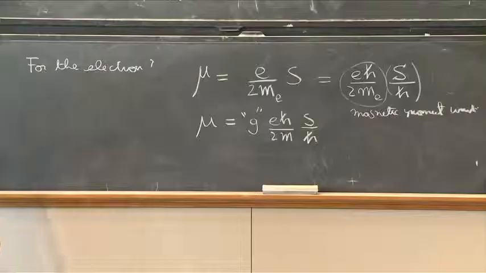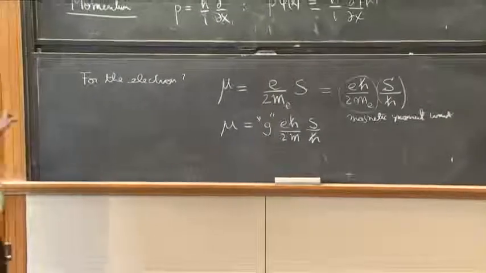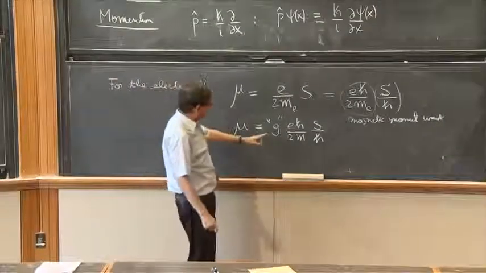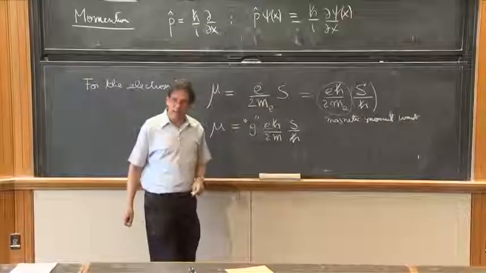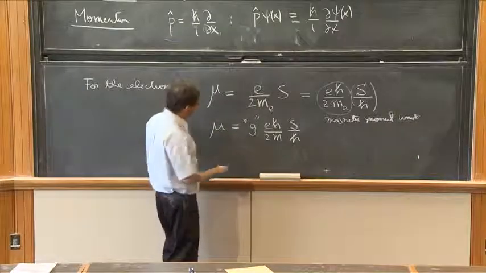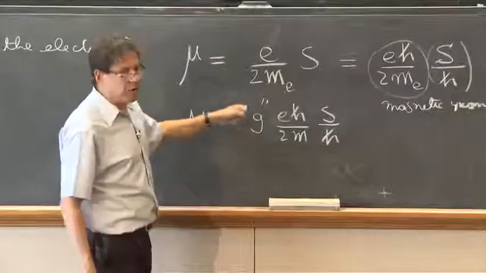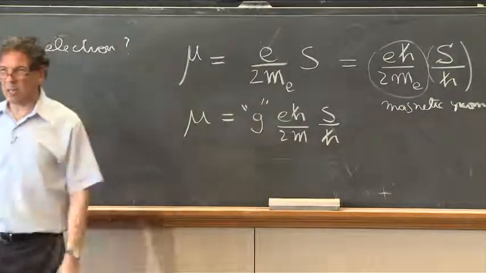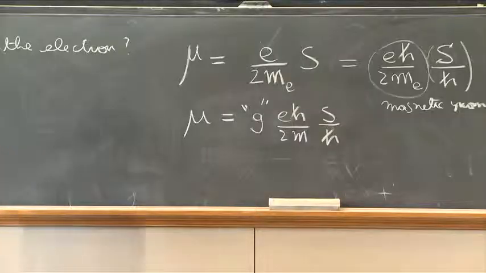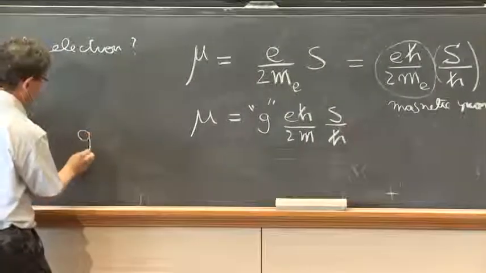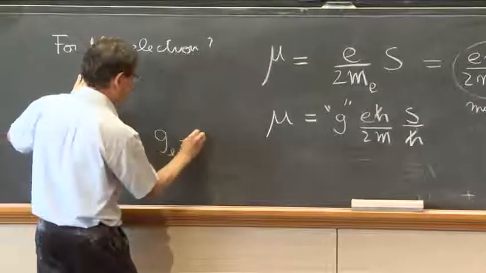Sometimes it's called the Landé factor. You must put a number there. Now, the good thing is that the number sometimes can be calculated and predicted. So when people did this, they figured out that for the electron, the number is actually a 2. So for the electron, g of the electron is equal to 2.